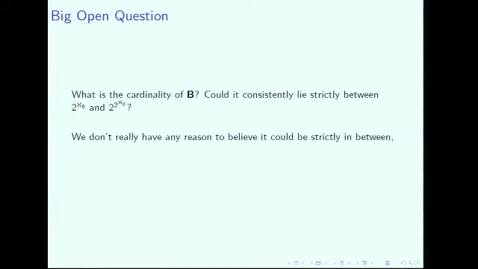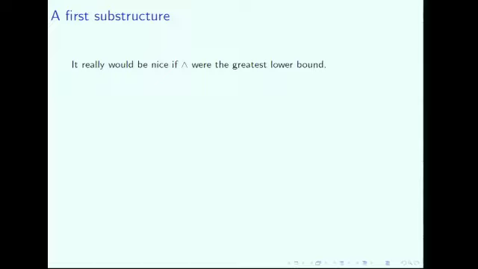We don't really have any reason to believe that it could be strictly in between, except that we also don't have any idea how to tie it down to one of the endpoints at the moment. So you never know, one can hope. But that seems to be a big problem, and we need to warm up to that. So we're going to now delve down a bit more into the structure of B.